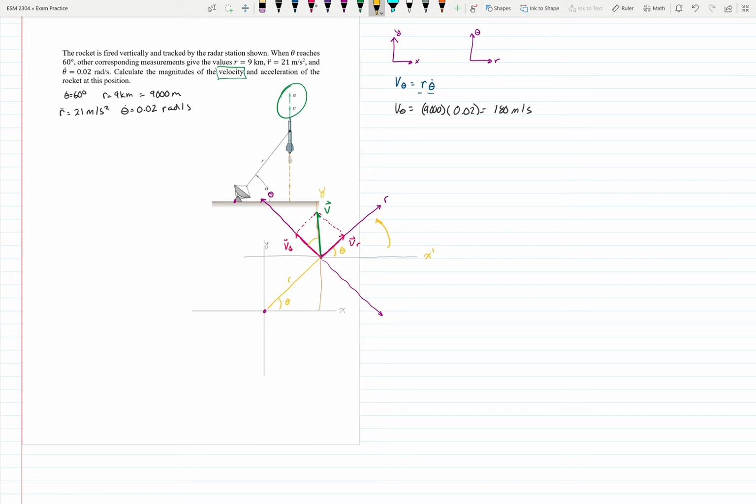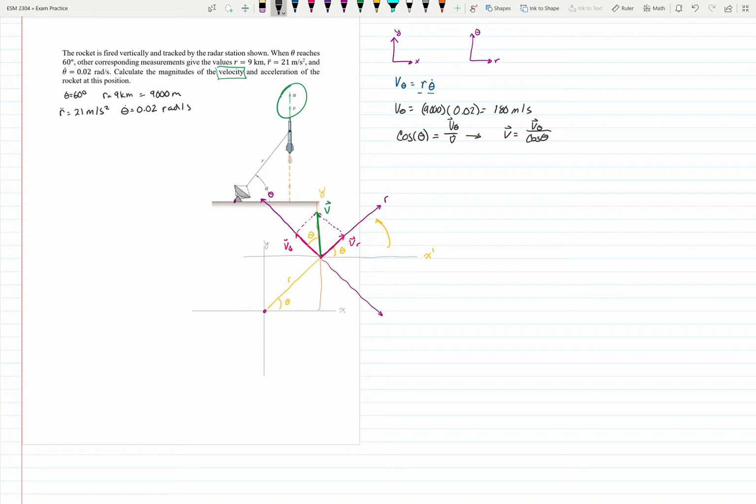So this is also theta. Well, now we have a relationship between v theta and v. We can say that cosine of theta is equal to v theta over v. And we can rewrite this as v is equal to v theta over cosine theta.